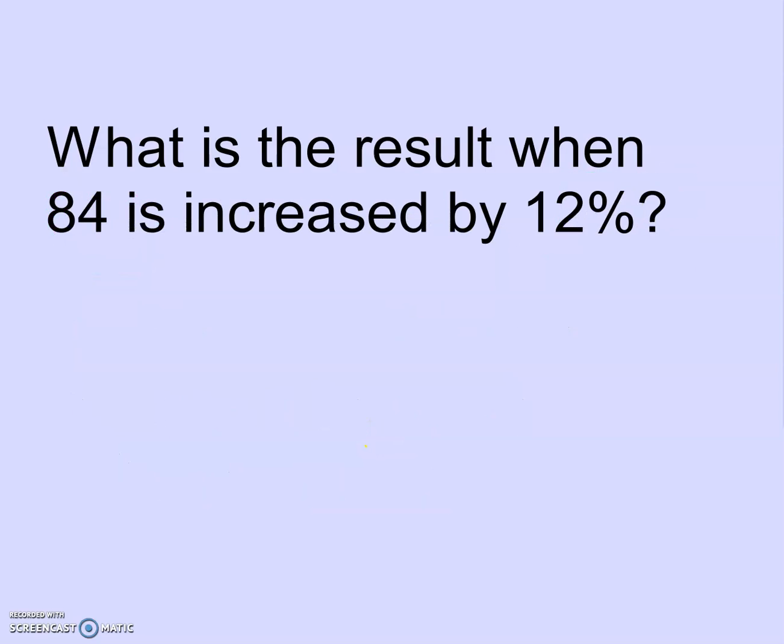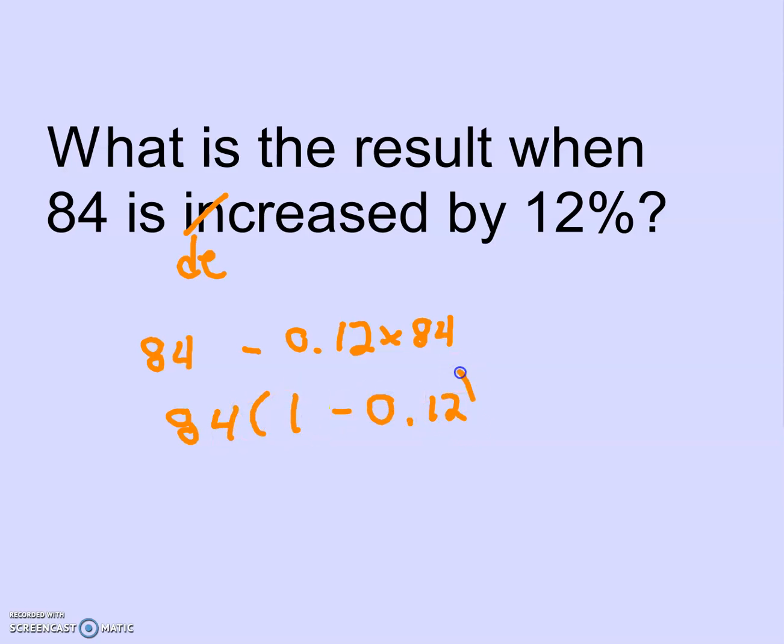What is the result when 84 is decreased by 12%? Well, I could write it out this way: 84 minus 0.12 times 84. And then I could undo the distributive property this way. Or I could make it even faster by writing 84 times what is 1 minus 0.12, 0.88.